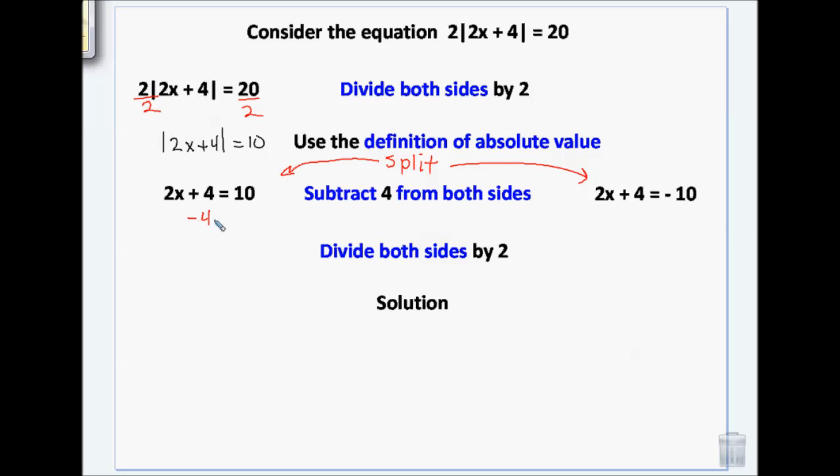And I subtract 4 from both sides. And then divide by 2. And I come over here and I subtract 4 from both sides. Then I divide by 2.